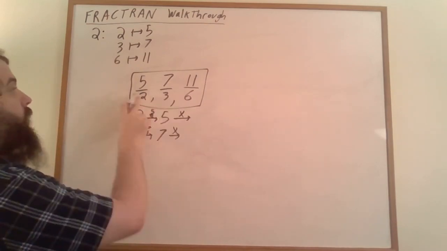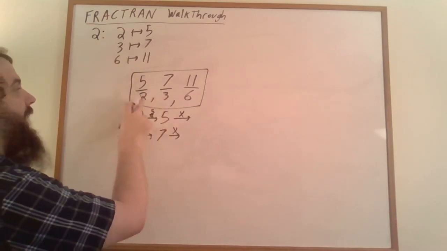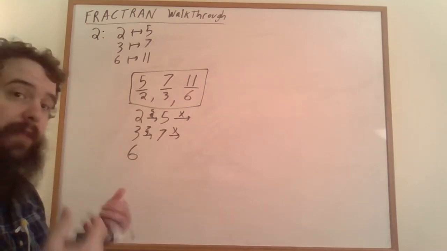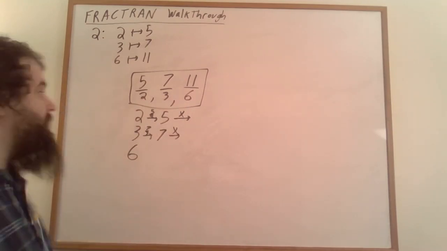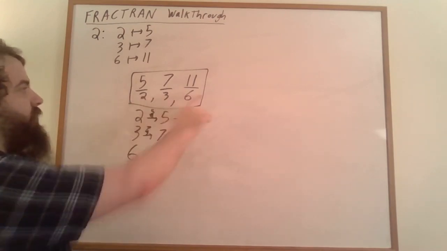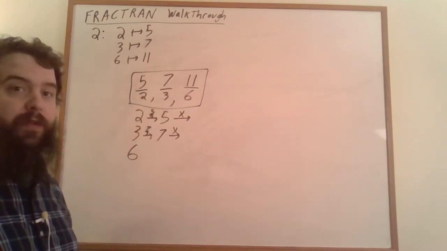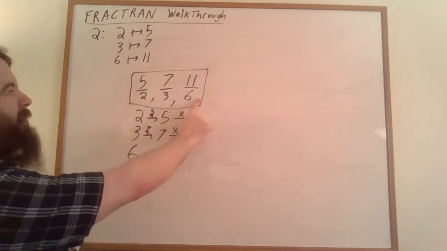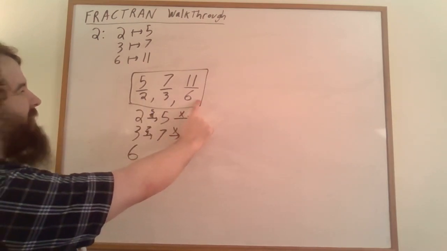6, we can actually multiply 6 by any of these fractions and get a whole number. And so the way that programs in FRACTRAN work is that you multiply the number by the first fraction in the list that you can multiply by. So in this case, we had hoped we would multiply it by 11/6, but we're not doing that.